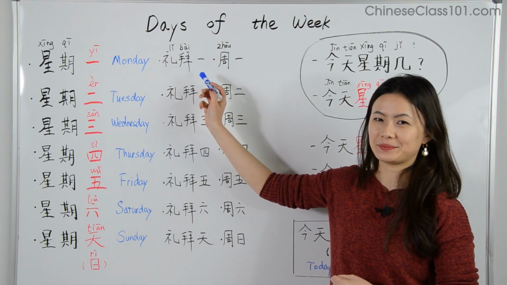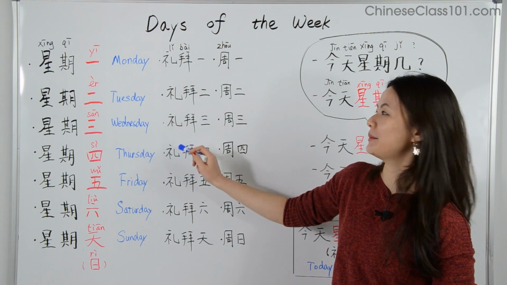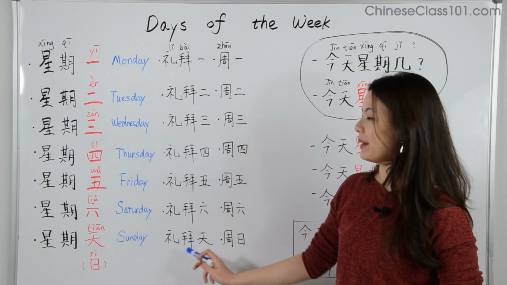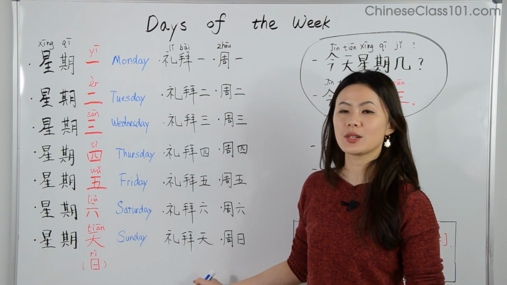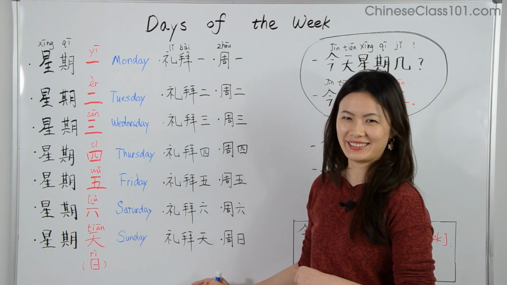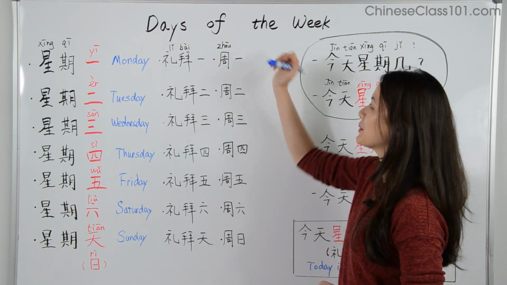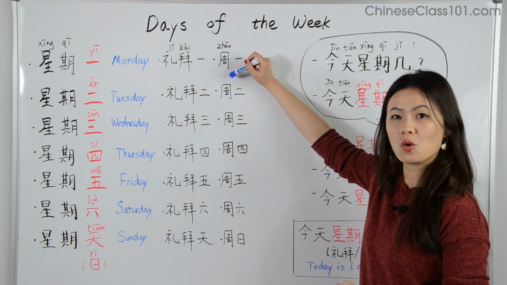So same way, 礼拜一, 礼拜二, 礼拜三, 礼拜四, 礼拜五, 礼拜六, 礼拜天. We just learned that 天 means day. So the worship day is Sunday. 礼拜天. All right. Well, the third way is to use 周 to say week. 周 means circle or cycle.